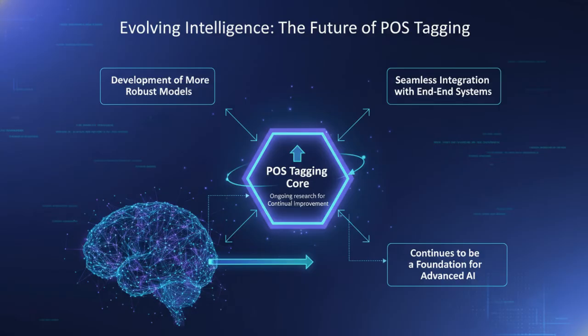The drive for more robust, accurate, and context-aware models ensures that research and development in this area will continue, leading to further improvements. It remains a cornerstone for building truly intelligent systems that can engage with and comprehend human language with increasing accuracy and nuance, paving the way for advanced AI applications.